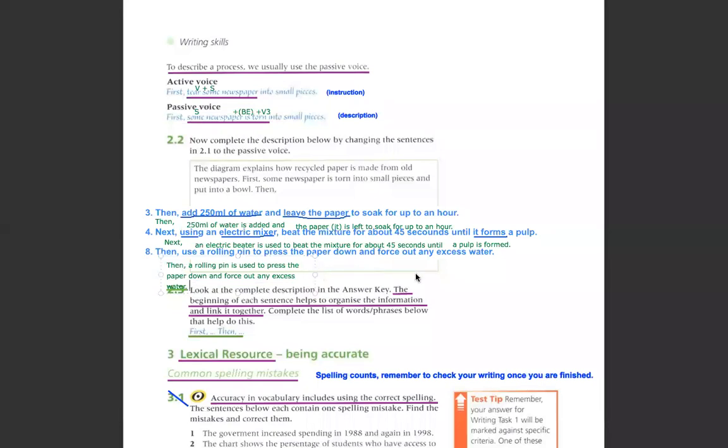We have another option here. So this is the first option. We could also start the sentence with the paper. So think about it. How would we complete the sentence now? Let's change the subject to the paper. How would we complete the sentence now?